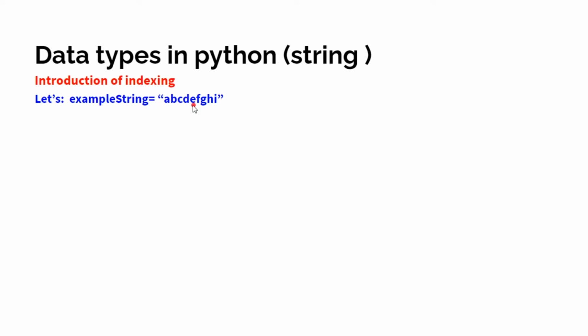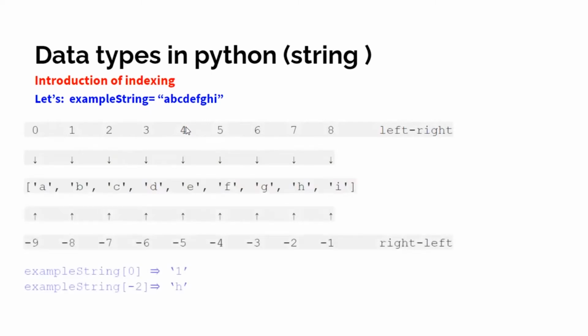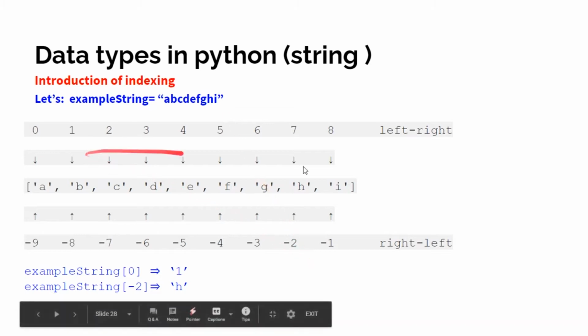If you want to get any element of a string at any index, then we will do indexing in that case. So what is the rule of indexing? Suppose we have a string A B C D E F G H I. We have two types of indexing. First is left to right, and then we have right to left indexing.